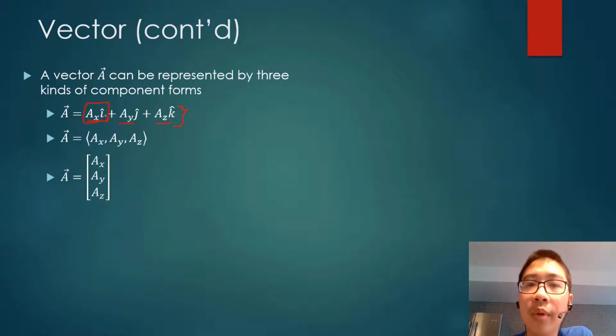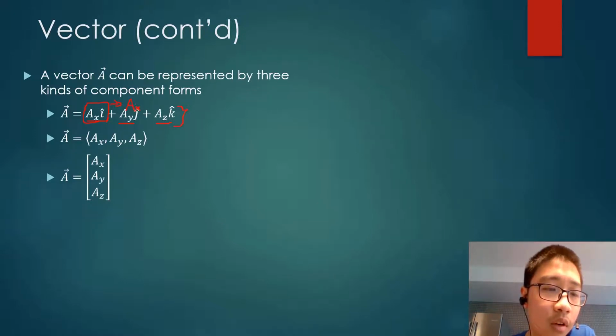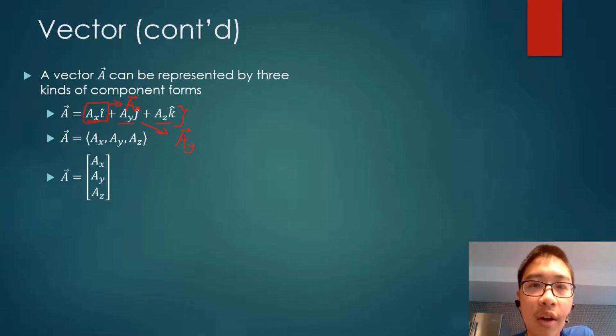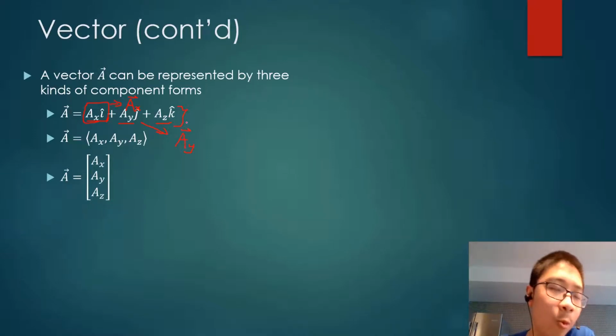So AX multiplied with I hat indicates the vector AX, and AY multiplied with j hat indicates the vector AY, which is the y component of vector A. AZ is the magnitude of vector AZ, and times k hat is just equal to the vector AZ. Remember, I hat, j hat, and k hat have only magnitude of 1, so they just tell you the direction, and they don't affect the magnitude.